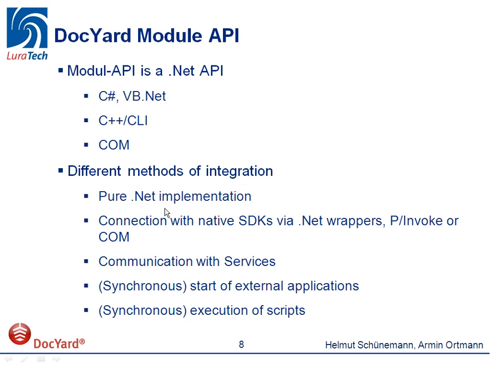If you have something very simple, for example, DocYard ships with a sample where simply an image's contrast is changed or it's turned to black and white, that is of course a simple thing. You can simply loop over the pixels of the image, change the value, and write out the result. That is something that's done in a few lines of code in any programming language, and therefore it's straightforward to implement it directly in .NET.